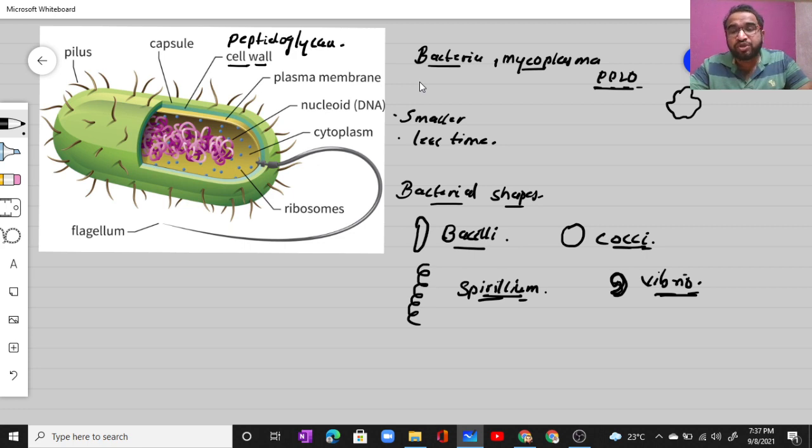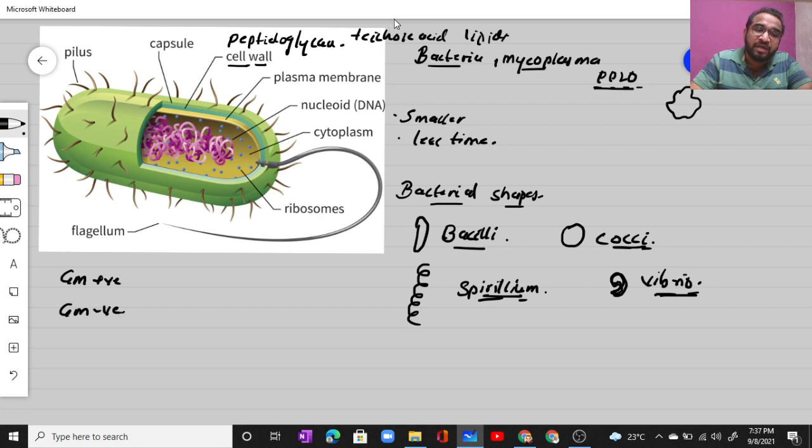Based on the composition of this peptidoglycan, the teichoic acid that is present and the lipids that are present, bacteria can be divided into gram positive bacteria and gram negative bacteria. There is a universal staining procedure for observing bacterial cells under the microscope, which is called gram staining, and it is carried out the same way for all bacterial cells.